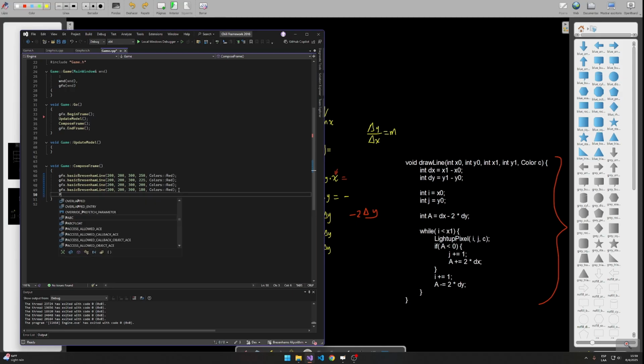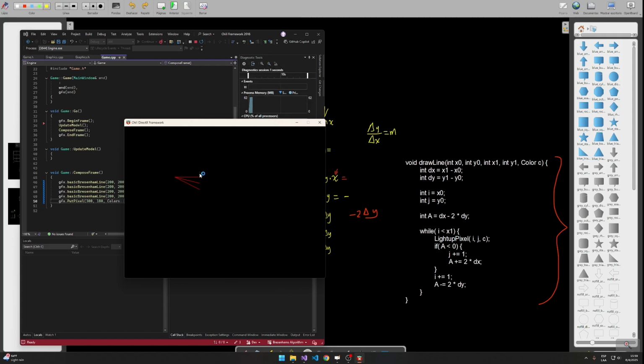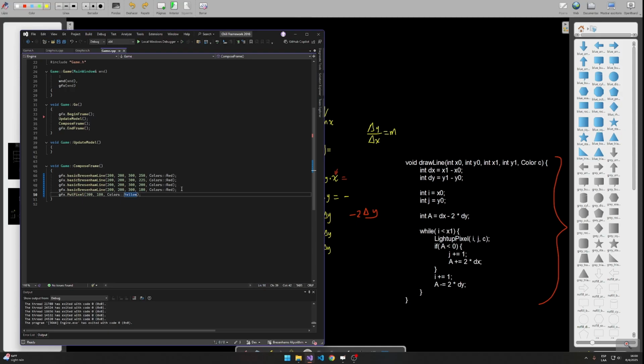And let's put a pixel to reference that specific point. Let me take this piece of code, replace it here, and give it a yellow. Now we should be touching that point. But look, the minimum slope we can draw is 0, and we're not able to draw negative slopes.